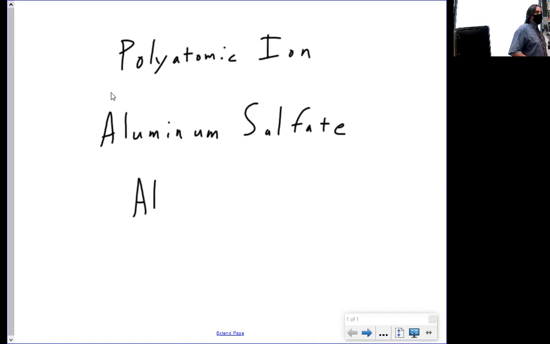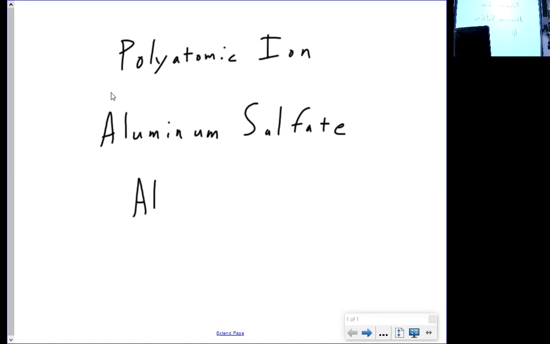But also, you look at a periodic table, anything to the left of the stair step is a metal. On your yellow sheet, if you turn to the middle, you can really see the stair step right there. Anything to the left of the stair step is a metal. Anything to the right of the stair step is a non-metal.